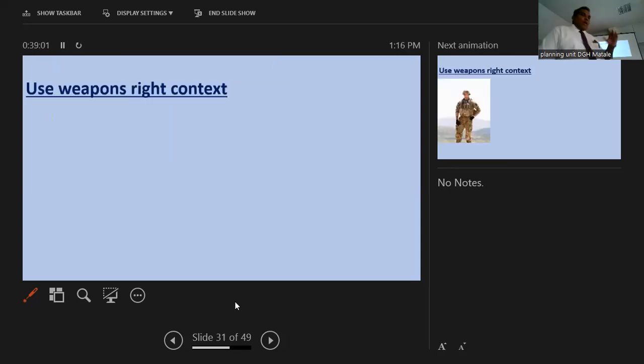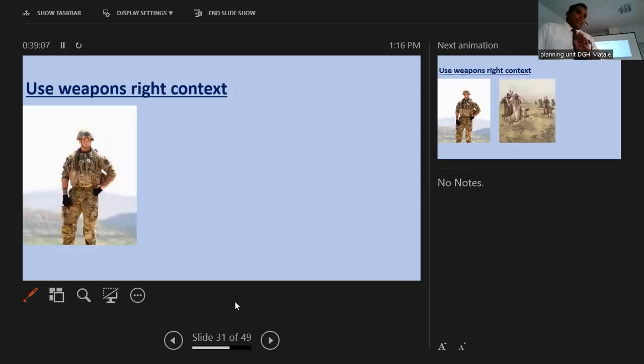But whatever the weapon you have, you need to use these weapons in the right context. It's very simple, like this. If you see an unarmed soldier who's not firing, you should not go and fire at him. It's like this. You have joint pains. Let's say he has a positive rheumatoid factor, but these joint pains are not inflammatory.